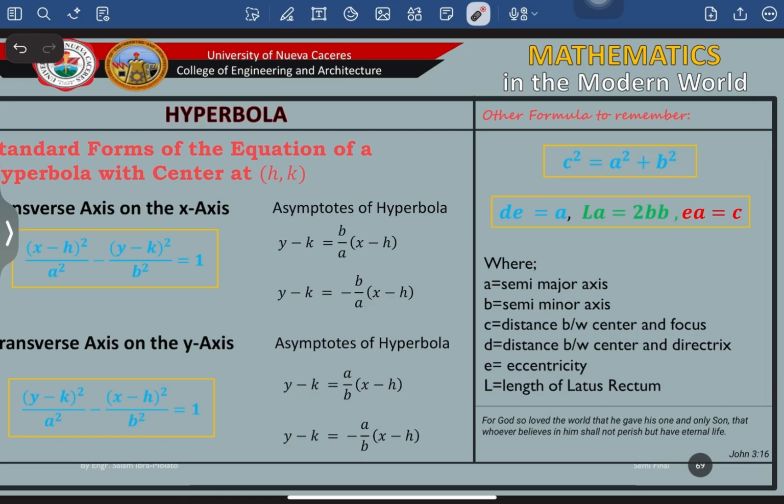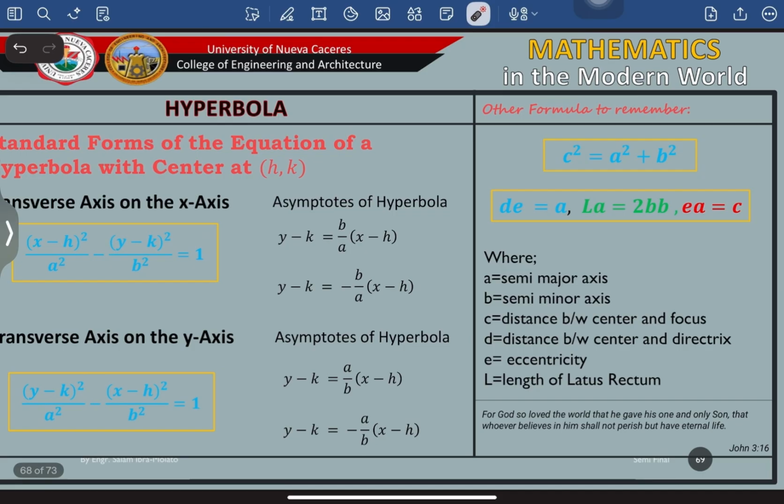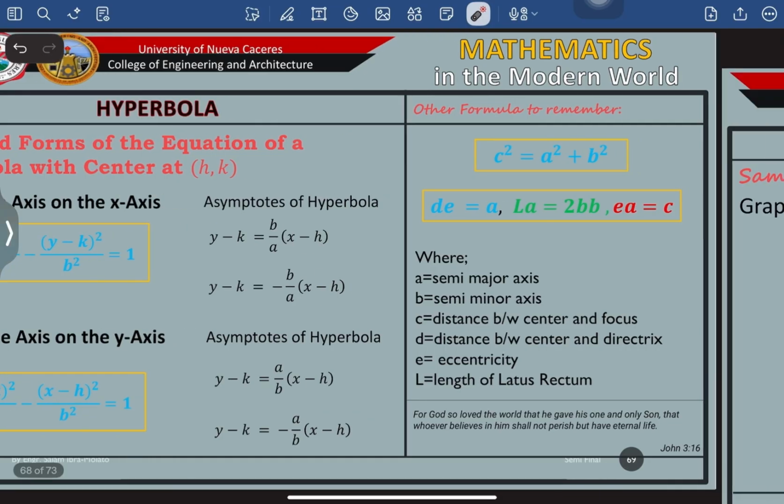So, yung C na dito ang pinakamahaba. Kaya yung magiging E dito is greater than 1. So, same lang yung formula to determine the distance of the directrix, then latus rectum, and eccentricity.